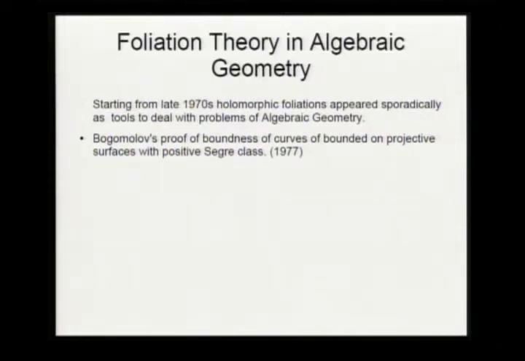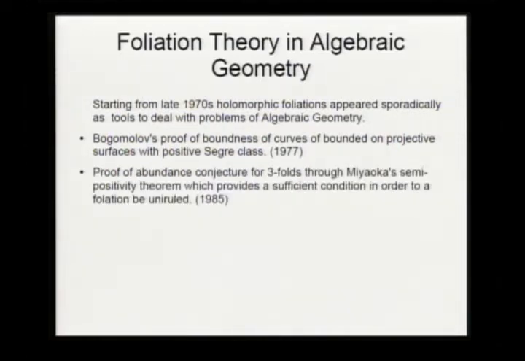There is also the proof of the abundance conjecture for threefolds through Miyaoka's semi-positivity theorem, which provides a sufficient condition for a foliation to be uniruled, meaning the foliation contains a lot of rational curves inside its leaves. So this is really a major result. It essentially generalizes to three dimensions the classical Enriques-Kodaira classification of surfaces according to their Kodaira dimension.